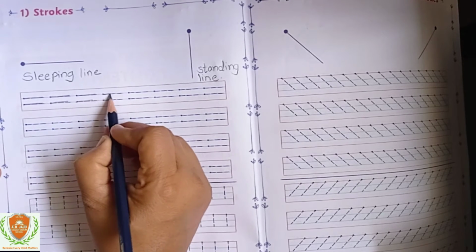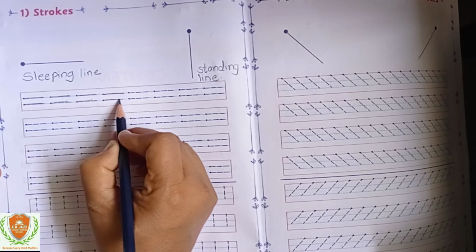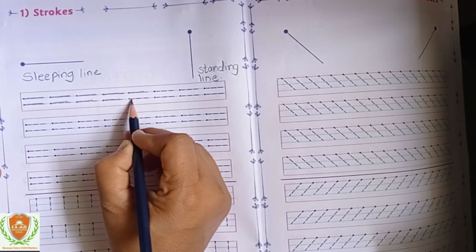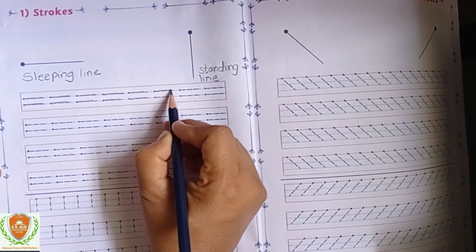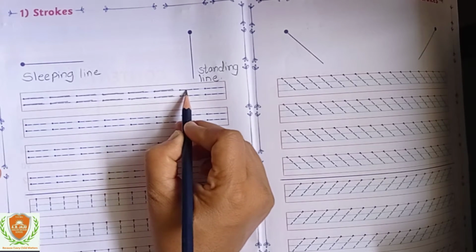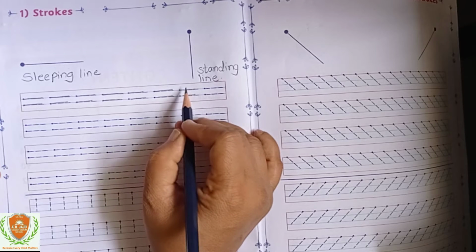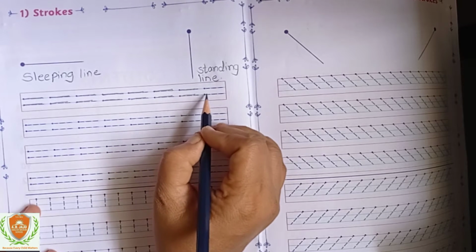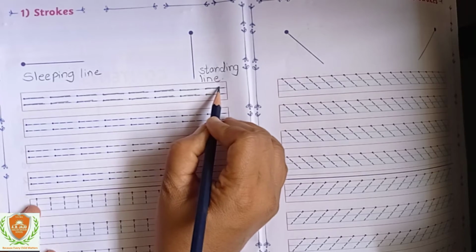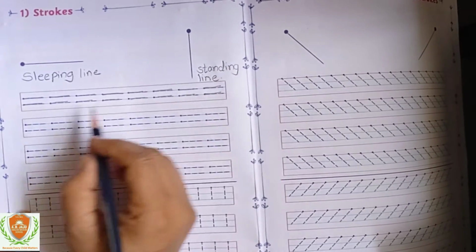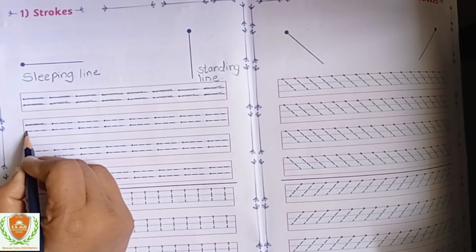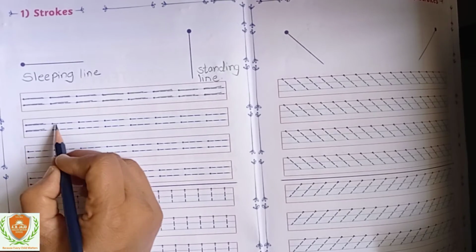Which line is this? Sleeping line. Here are four lines. One is a pink line, second is a blue line, third is again a blue line, and fourth is a pink line.